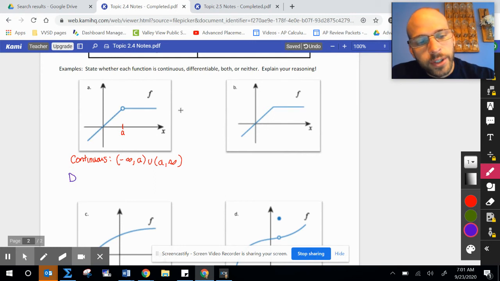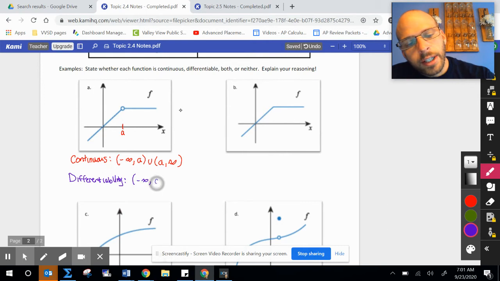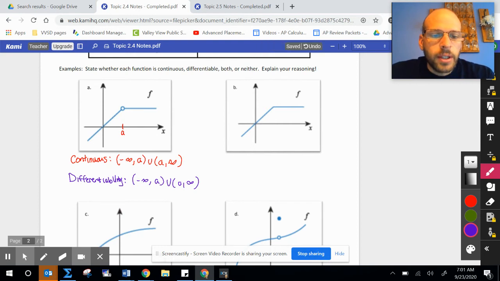So my interval of differentiability is also going to be negative infinity to a, a to infinity. Okay, so in this case, at a, because the point doesn't exist, we can't have a derivative there. But also, to go a step further, there's a corner there, right? There's a sharp turn. We can't have that. We only deal with smooth curves when we deal with derivatives.